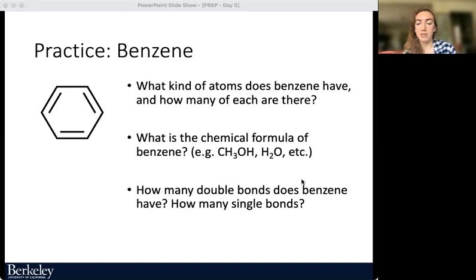I'll give you about 20 more seconds to answer. Okay, so about 90% of you think that benzene has 6 carbons, and about 75% of you think that benzene has 6 hydrogens. So that majority is correct, but we're going to go through how we get there.